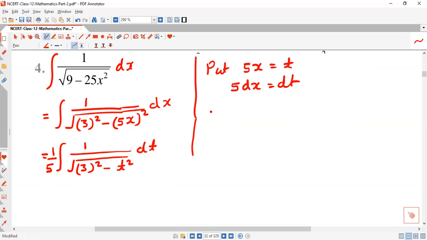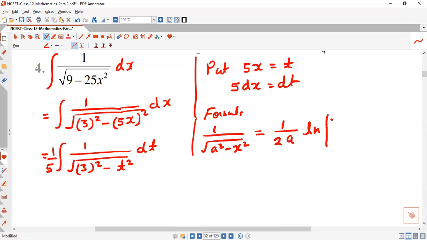Now what is the formula? You know, the formula is what for integration of 1 upon under root a square minus x square? This will be equal to 1 upon 2a log of a plus x upon a minus x plus some constant.